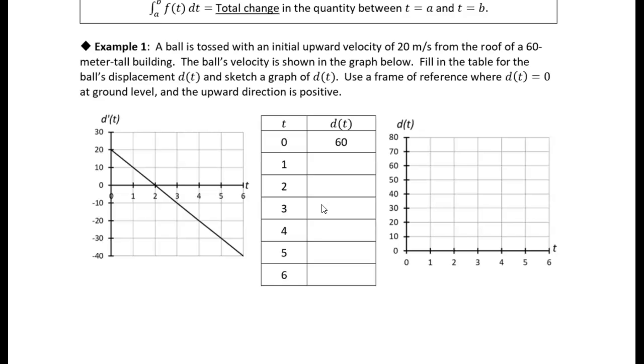It's going to go up, and then gravity is going to pull it downward toward the ground, and it's going to continue to fall past the level of the roof, and it's going to fall all the way down to the ground.